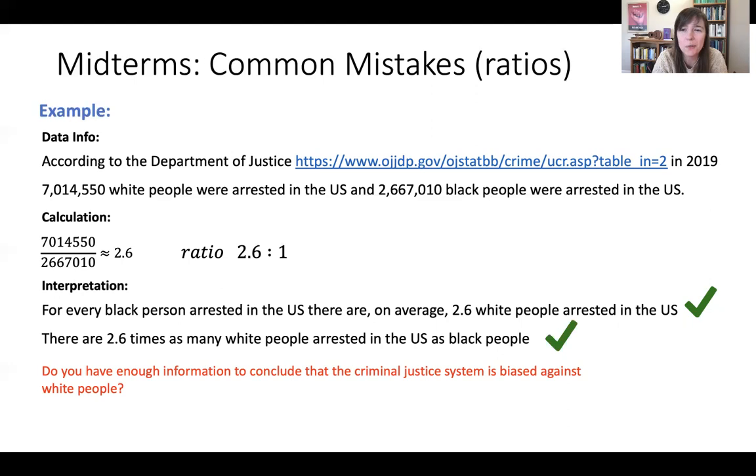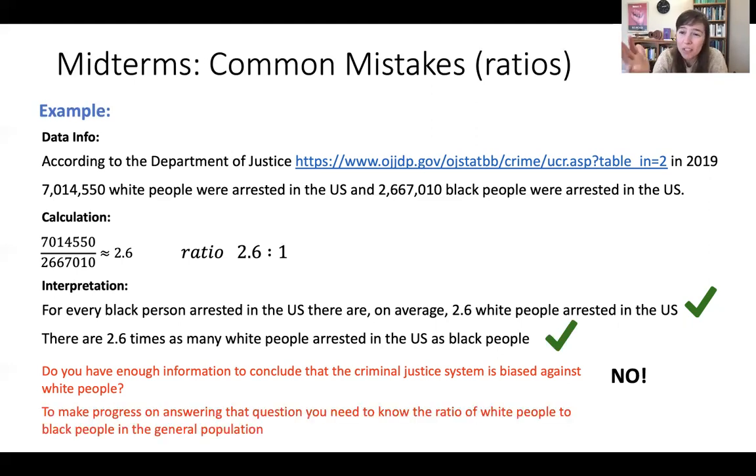If you were paying attention to previous slides, you would know that the answer is no. We don't have enough information. To make progress on answering the question about bias, you need to know these numbers relative to the total population.